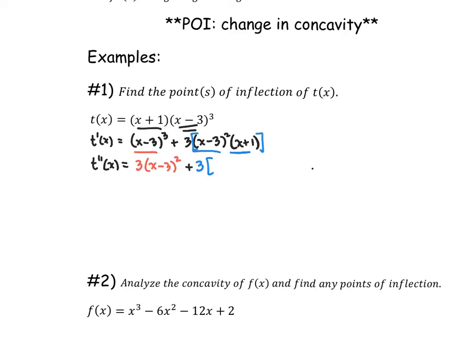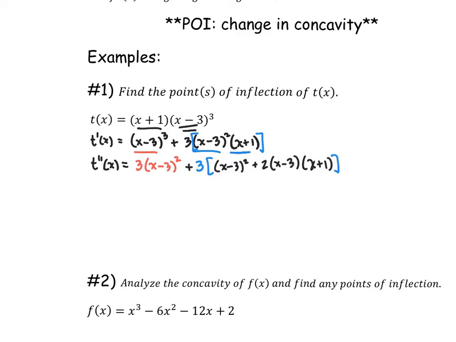So let's specifically work that. The derivative of the first, I'm going to do the derivative of x plus 1 first, which is 1, and leave the second function x minus 3 squared alone. And then I'm going to add the derivative of the second, which is 2 times x minus 3, times x plus 1. So there's your product rule on that second portion.